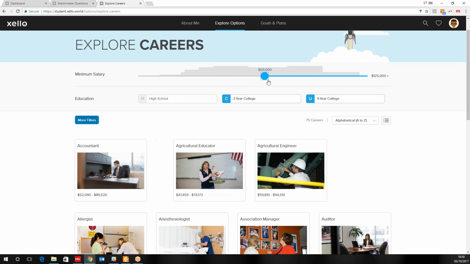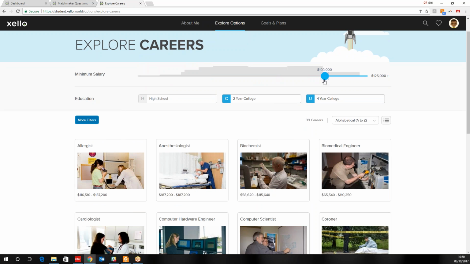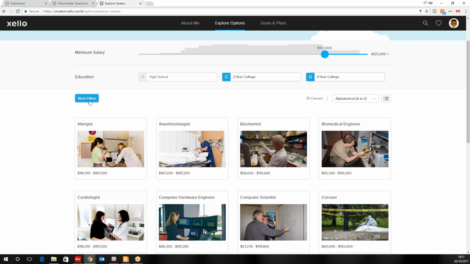We can start to filter around, and you can see it actually filters them in real time. Of course, we didn't put a maximum on. There's a minimum, but there's no maximum on the earnings because who would put a maximum?